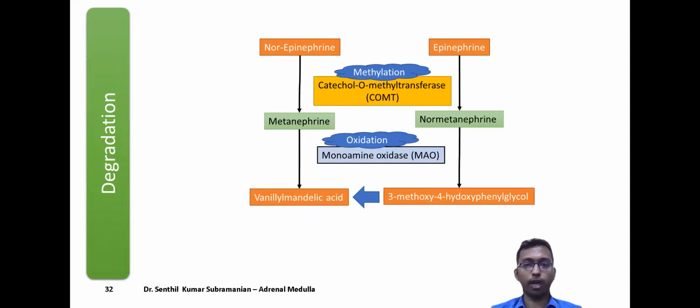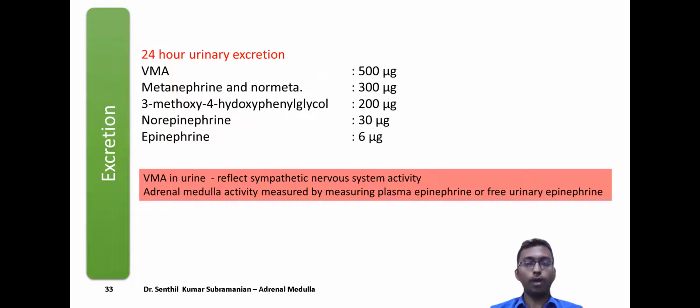As we can see in this diagram, the contribution of norepinephrine to vanillyl mandelic acid is more than the contribution from epinephrine from the adrenal medulla. If we have to measure the secretion of the adrenal medulla, we have to directly measure epinephrine levels in the plasma, or measure free urinary epinephrine.